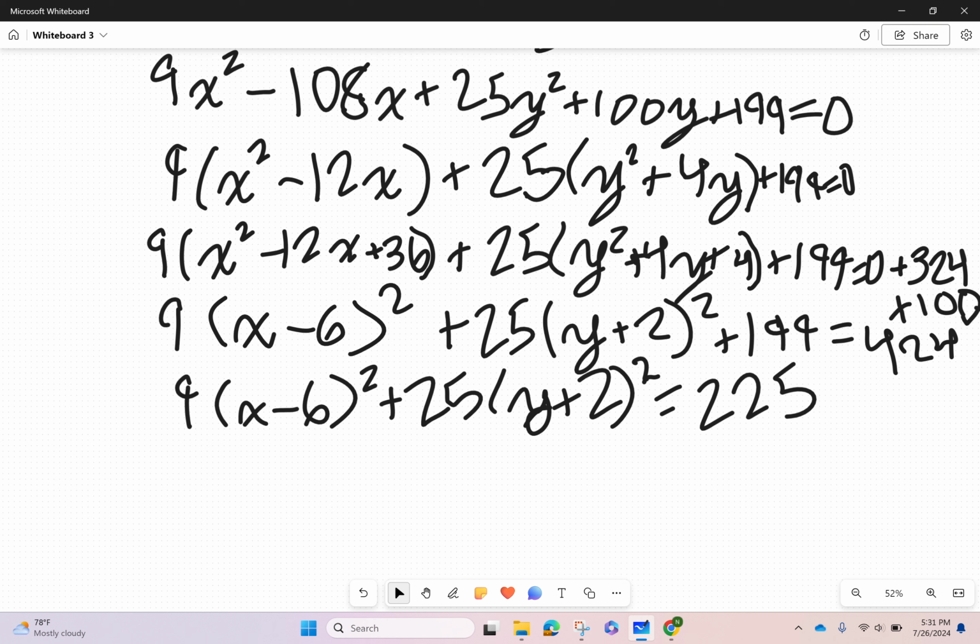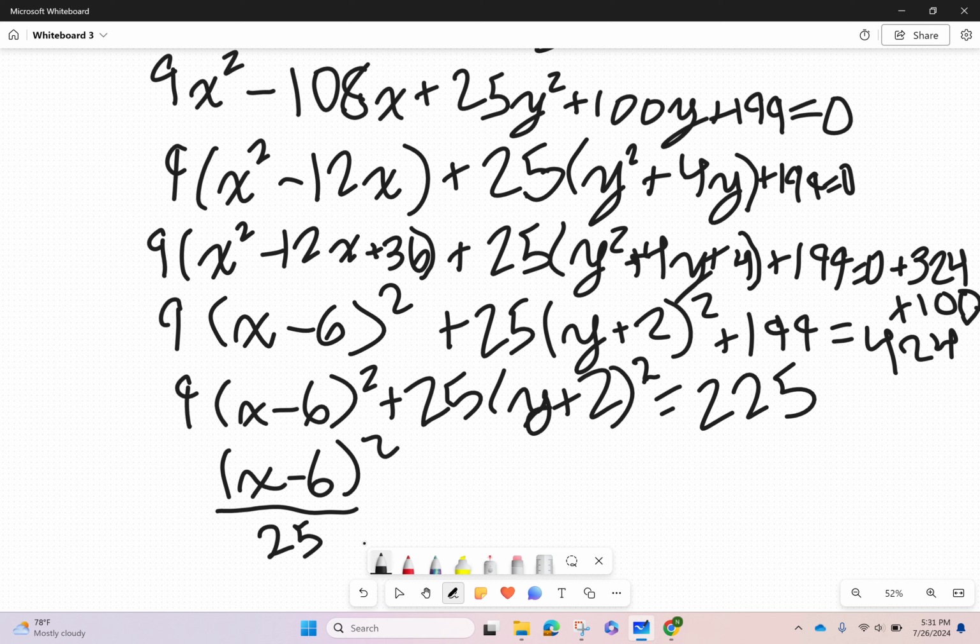So this is going to turn into x minus 6 squared over 25. Now the way I know that is because 9 over 225 simplifies down to 1 over 25. So you can just imagine a 1 right here as our coefficient, but because it's a 1 and you're multiplying, you never write that 1.